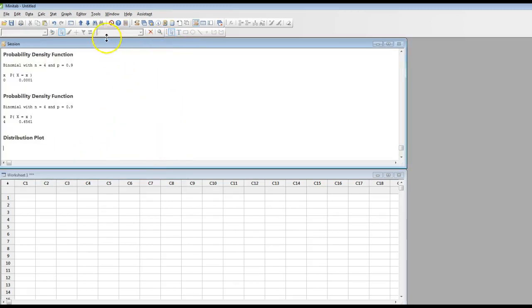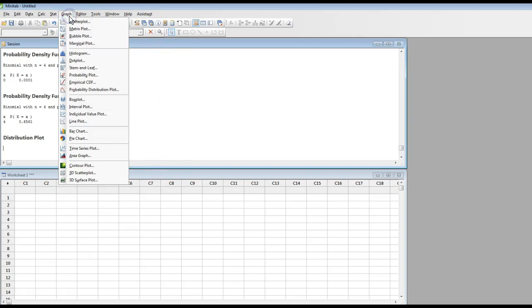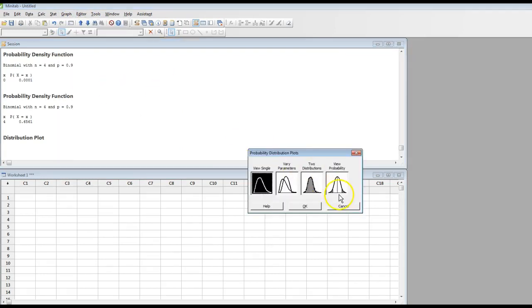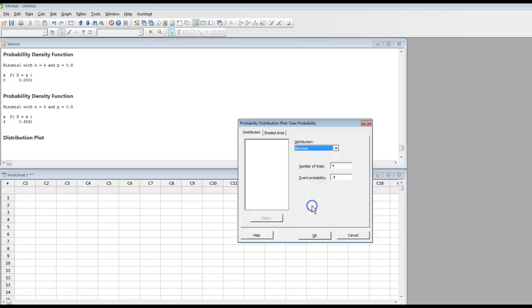And I'm going to do the same thing for 4 this time. So we're going to go to the graph, then the probability distribution plot, and I'm going to go to view probability one more time. Take a deep breath and follow the steps one at a time in order to understand how to repeat this. So we go OK. I'm going to change the distribution to binomial, because the last time it was different.